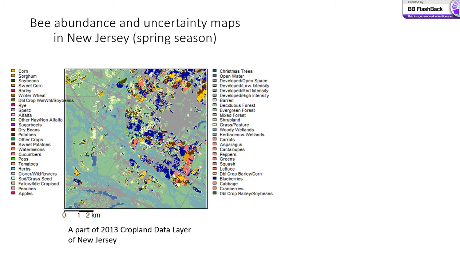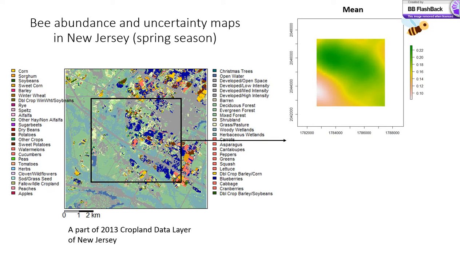We reclassify this land cover according to the categories in our survey format. Then we ran the Monte Carlo simulation using the aggregate prior from just two expert opinions. Then we can have the mean value for the relative bee abundance.